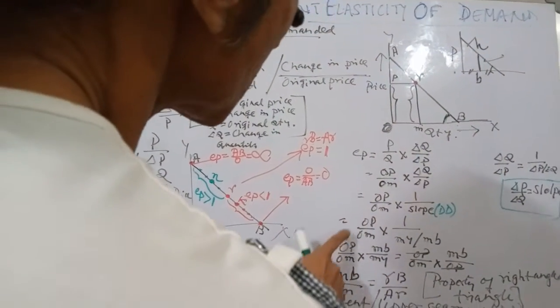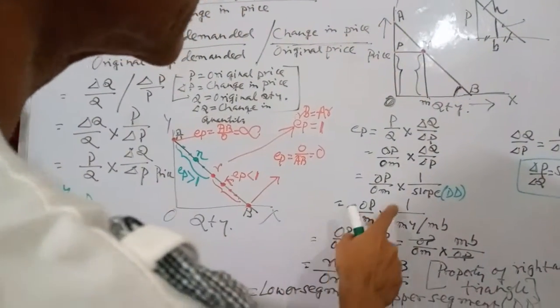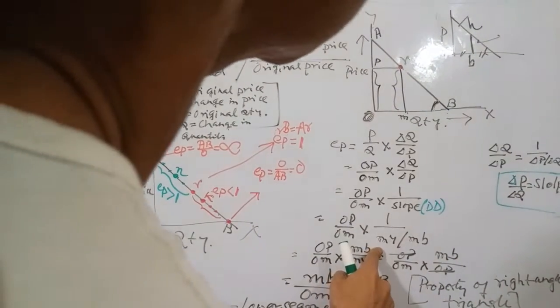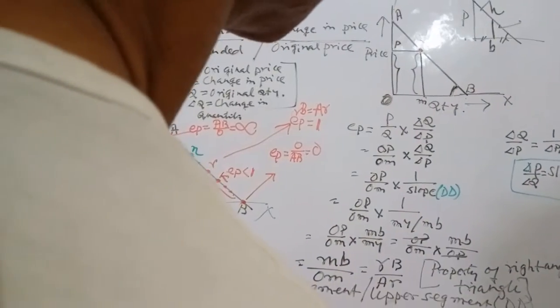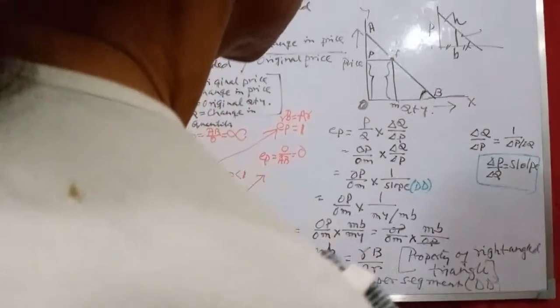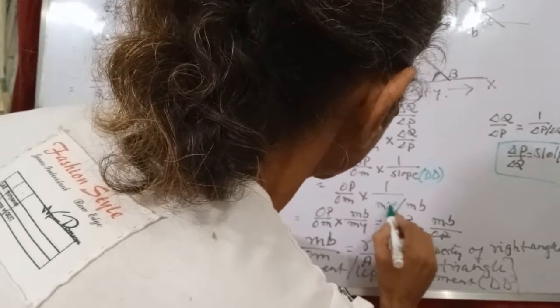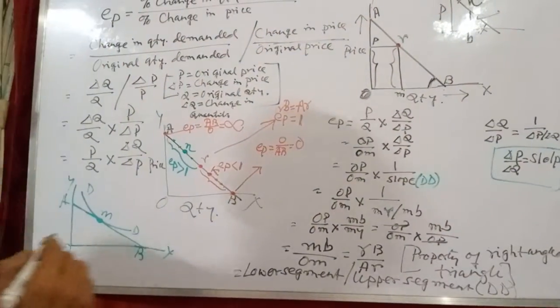So you get OP by OM divided by MR by MB, right? MR by MB.